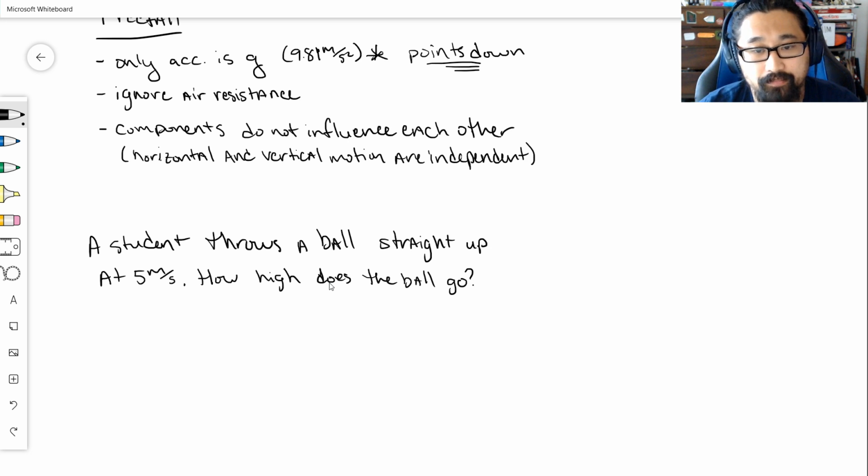And again, we have kind of similar information here. The fact that the ball is thrown straight up is actually a two-part giveaway.